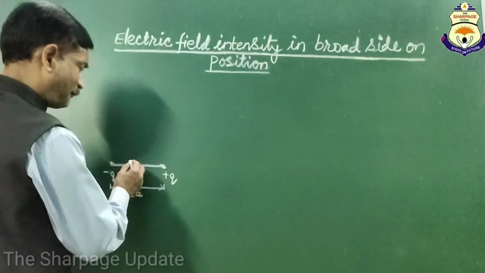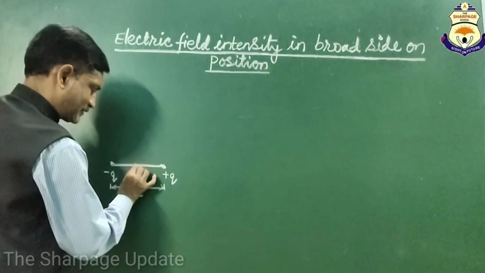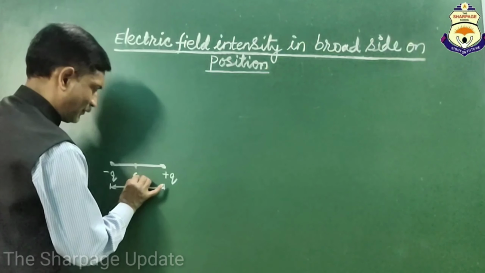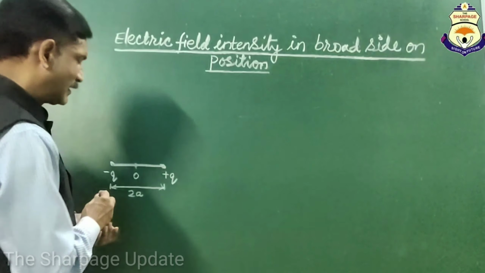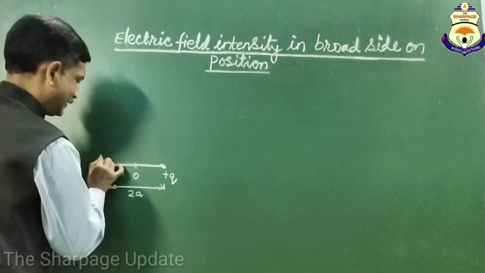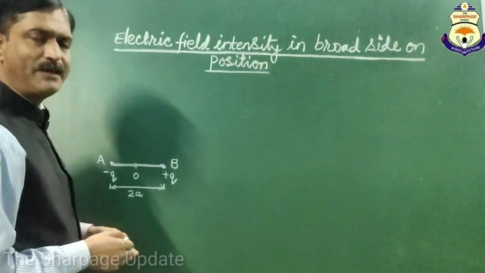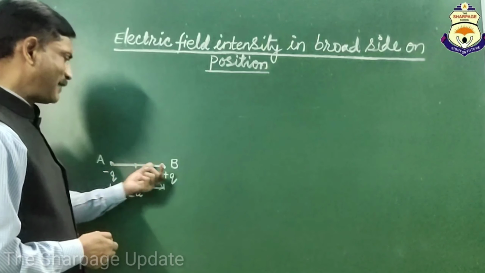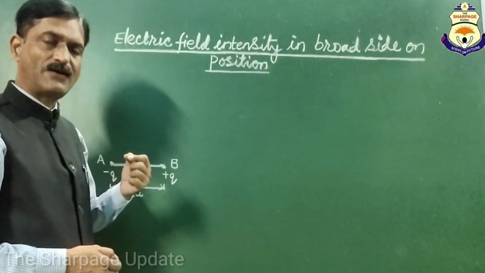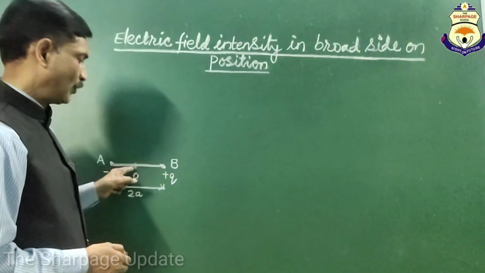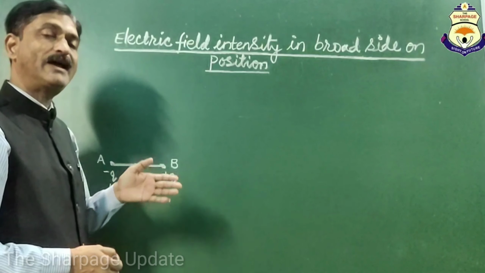Now, the midpoint of this axis of the electric dipole is represented by O. Let this point be represented by A and this point by B. So you can see here, AB is the axis of the electric dipole, and O is the midpoint of the axis.